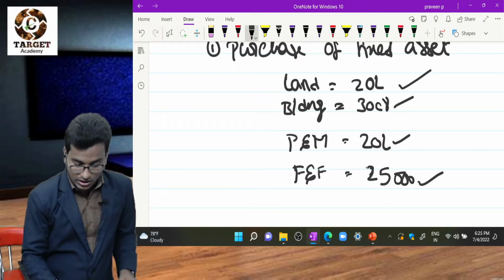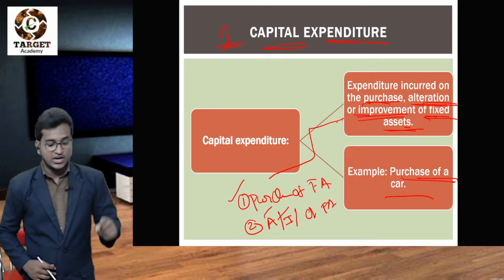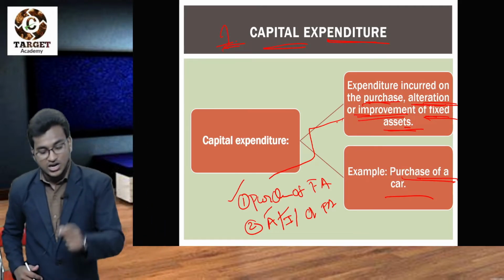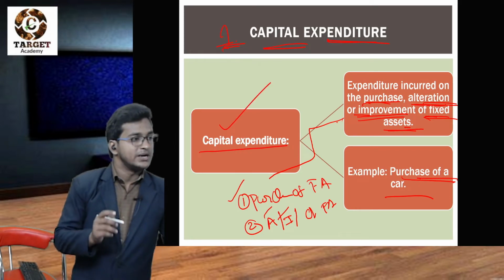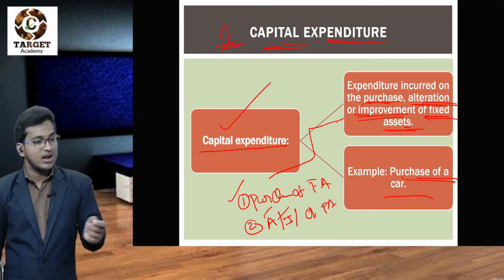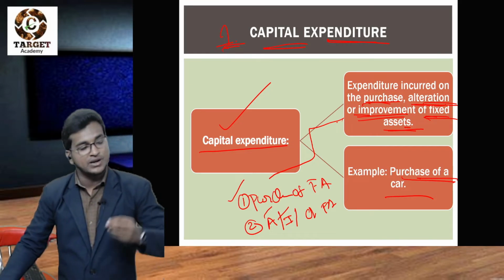So if you observe the definition once, expenditure incurred on purchase, alteration or improvement of fixed asset is a capital expenditure. Best examples, purchase of car, land, building, furniture, all fixed assets are examples of capital expenditure.